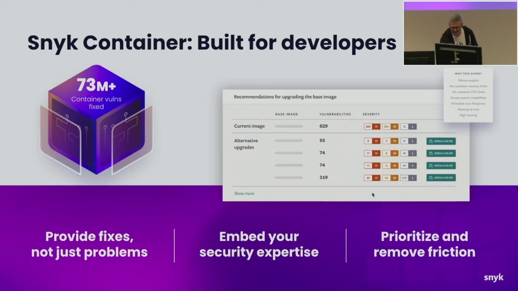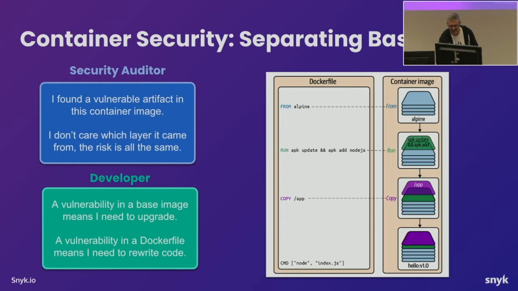We also give you the ability to prioritize what you deal with in your containers by criticals, highs, and all those types of things. So we're looking at not only the base image, but also the user layer. So the base image coming in from the Linux distro or whatever that you're doing, but also the user layer, what's being layered on top.